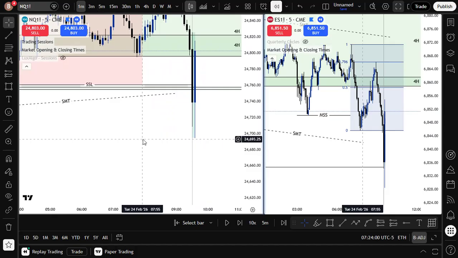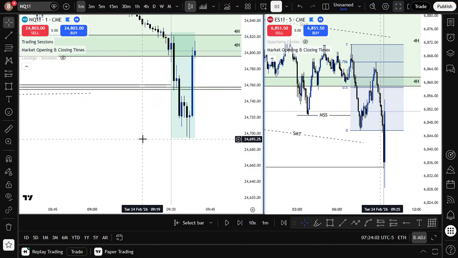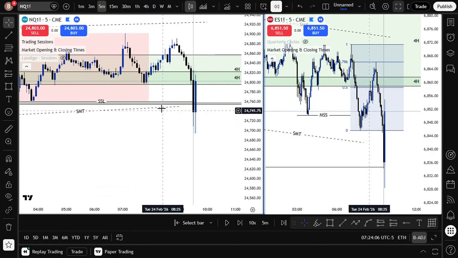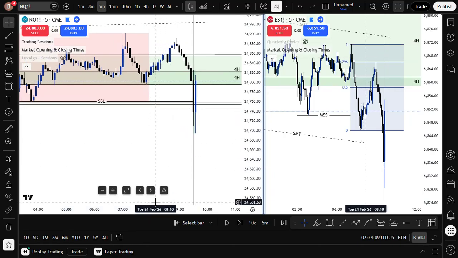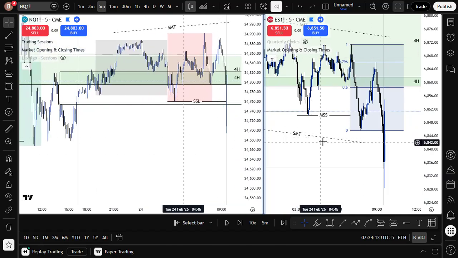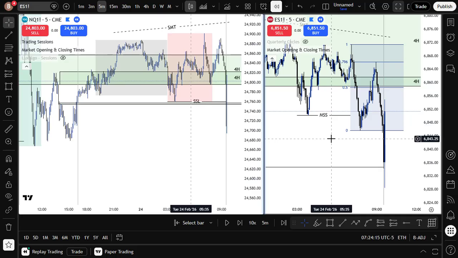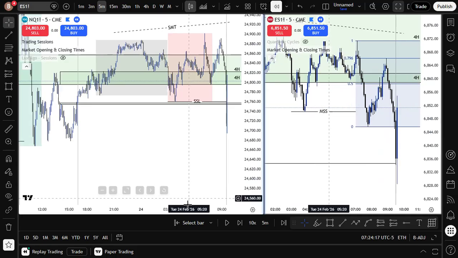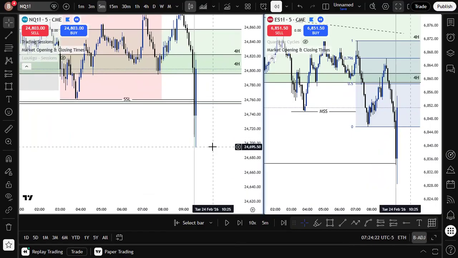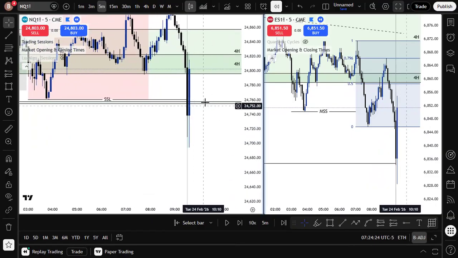All I want to see, let me actually check the 1 minute flow. All I want to see is just that this SMT is not valid anymore. No, yeah, it's not valid anymore. So it's a nice confirmation for me that we might keep crashing lower. So if I want to see shorts, what do I need?